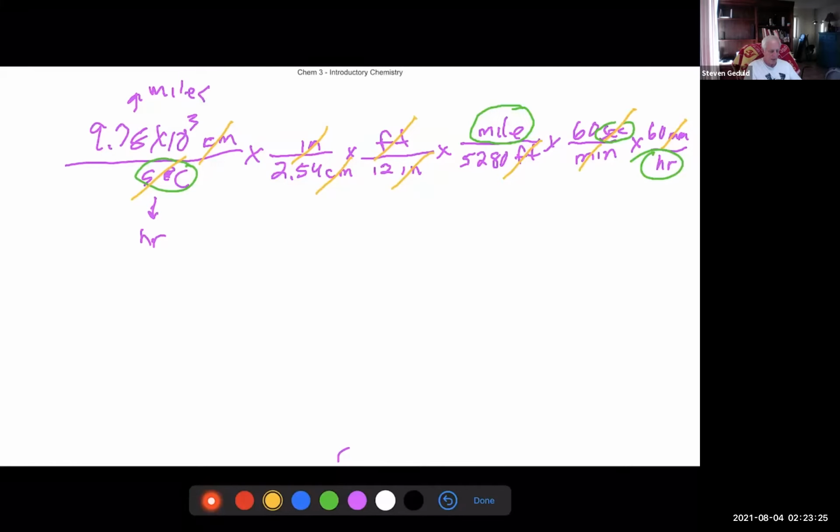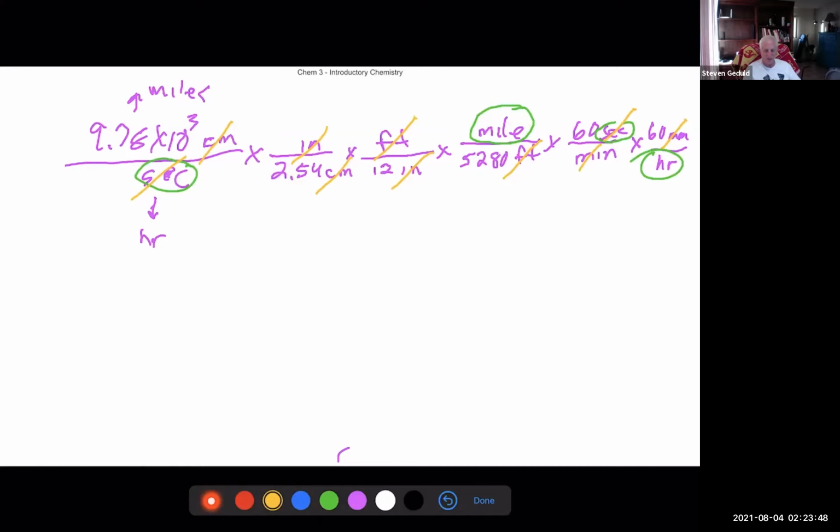All right, 9.78. I'm going to save the 10 to the 3rd till the end. Divide by 2.54. Then divide by 12. Then divide by 5,280. Then times 60 times 60.